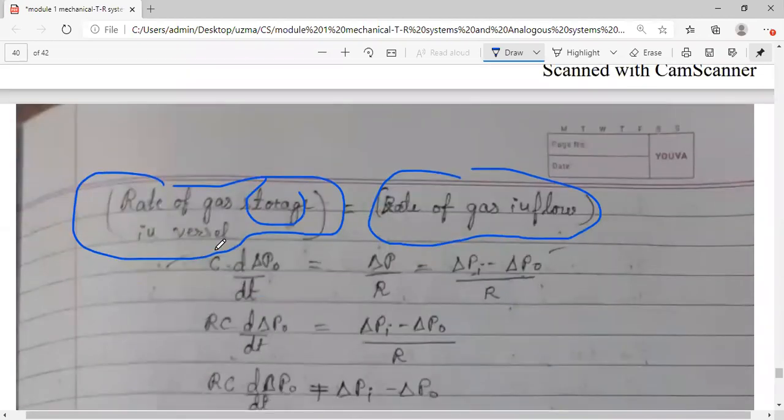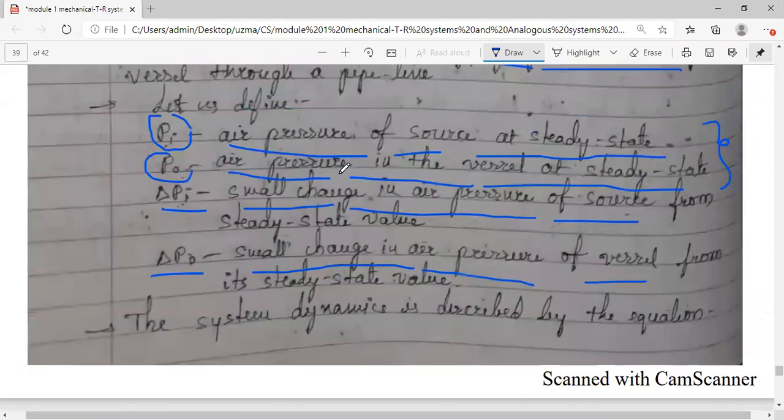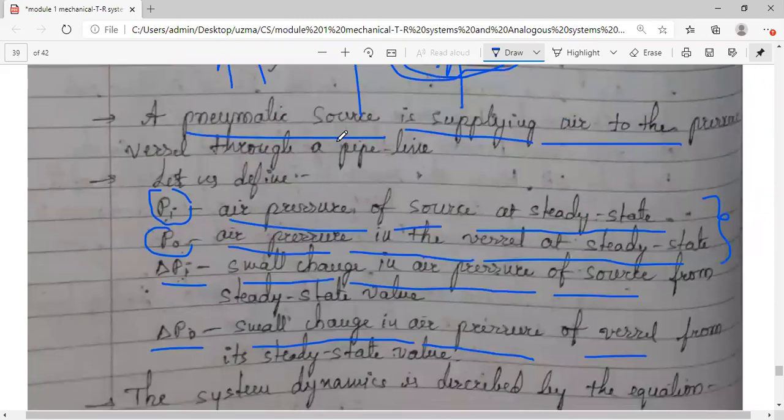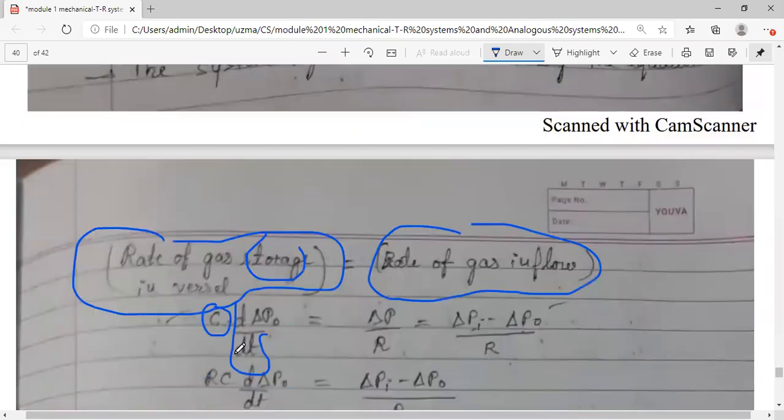Storage is defined as the capacity of that particular vessel, times the change, like dV by dt in the case of electrical networks. In the liquid level system, we took delta H, the height change. Here in our case, pressure is changing. So C d by dt of delta P naught.